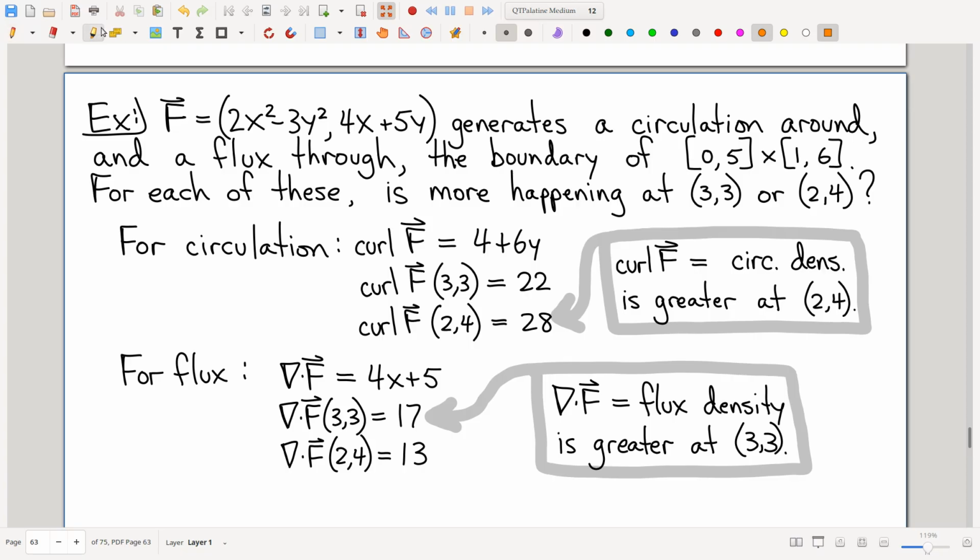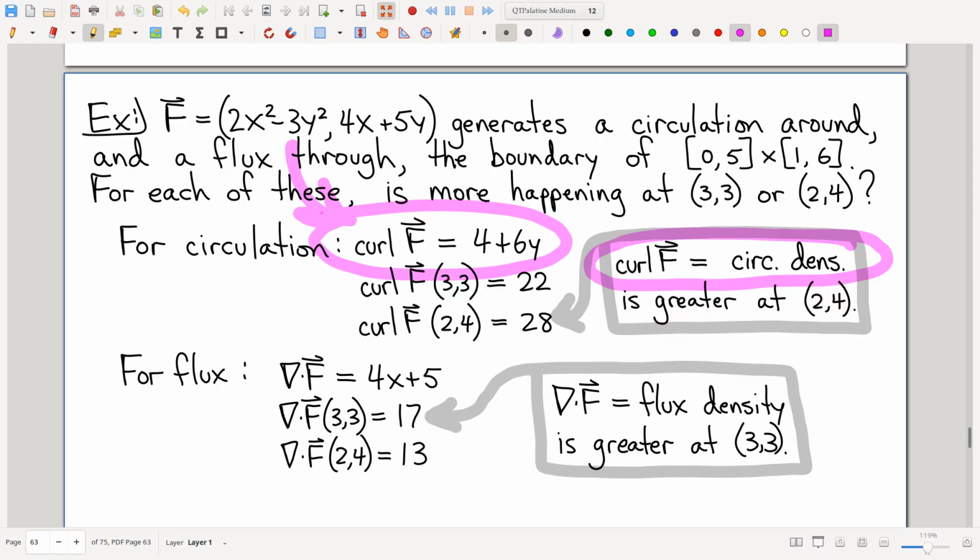If you want to know where the circulation is happening, you use circulation density, aka curl, which you can totally compute. And then you just see where it's greater. If you want to know where there's more circulation happening, you look at circulation density. Looking at the numbers, it seems like there's more happening at 2, 4. But the density is greater there.